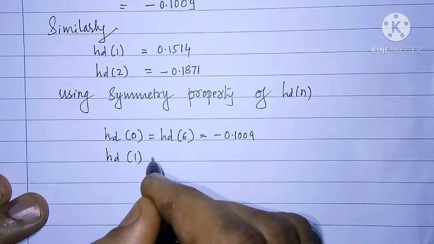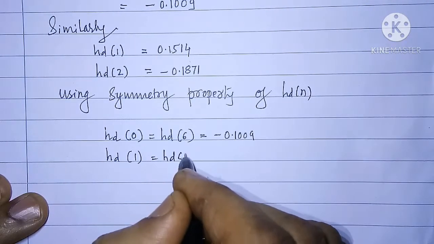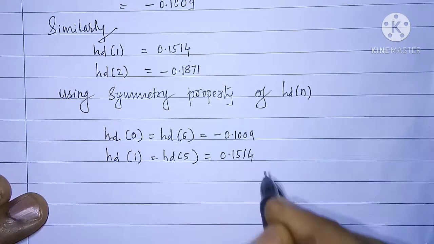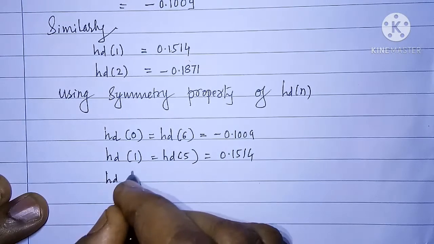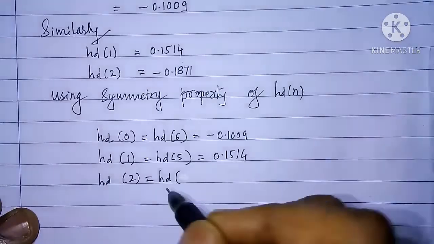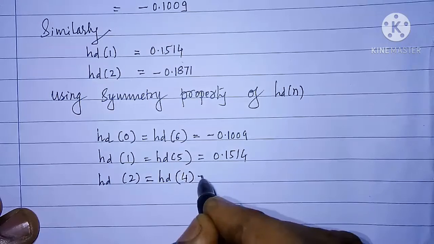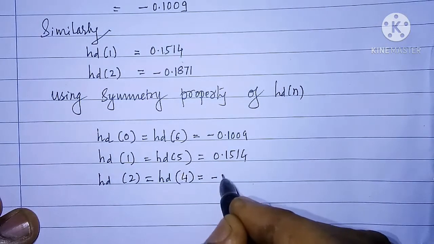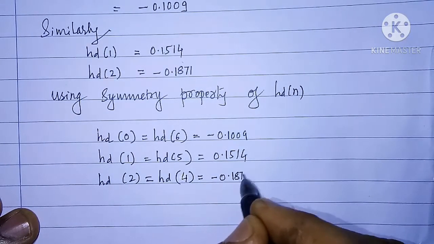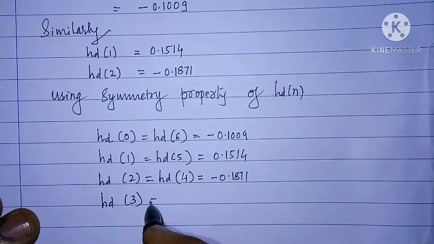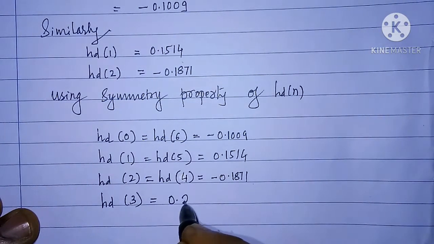HD of 1 equal to HD of 5, that is equal to 0.1514. HD of 2 equal to HD of 4, that is equal to minus 0.1871, and we have calculated HD of 3 as 0.2.